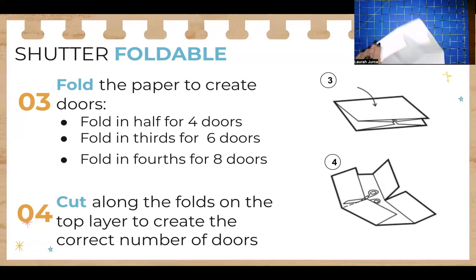Oops, I messed up a little bit there. And so now we have a foldable with 6 shutters or doors. And so that's basically how you do the shutter foldable.